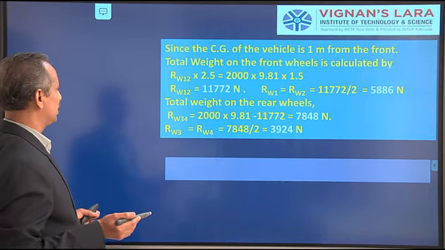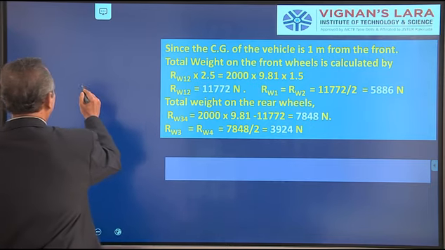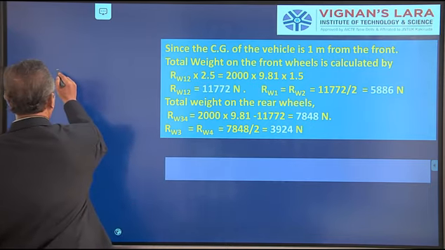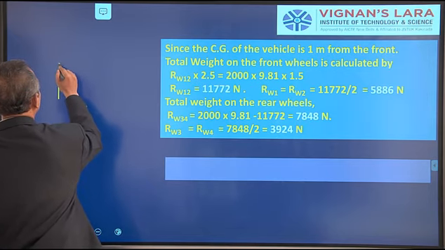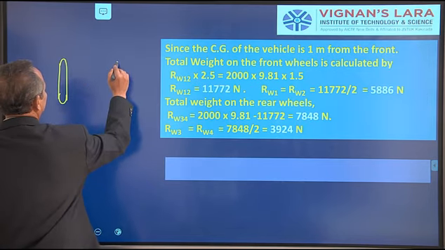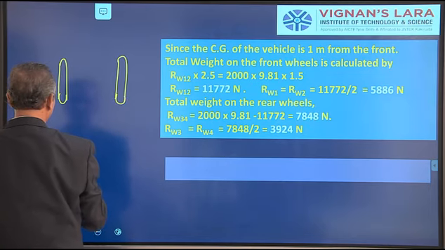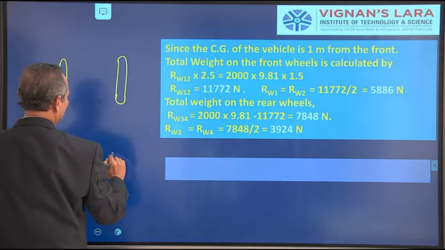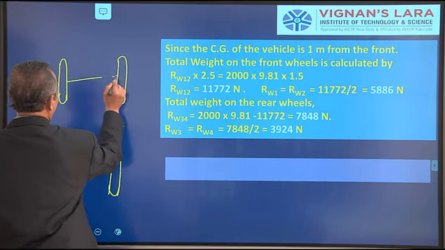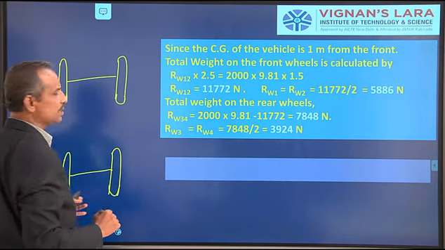Let me tell you like this. We have taken front wheels and rear wheels like this.